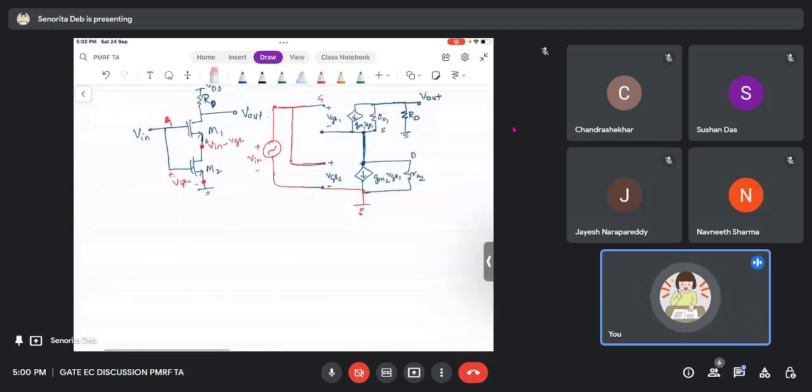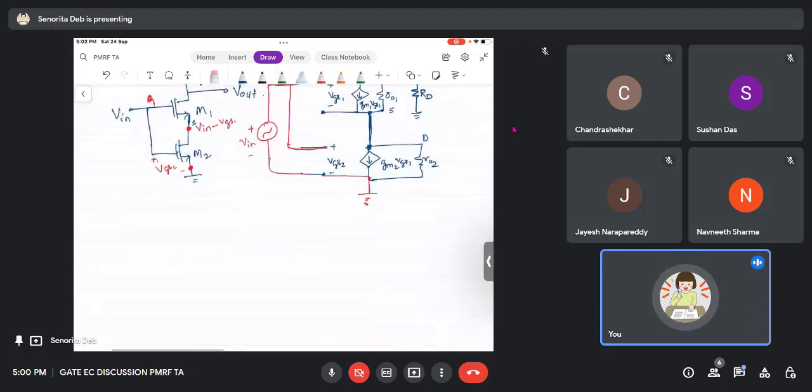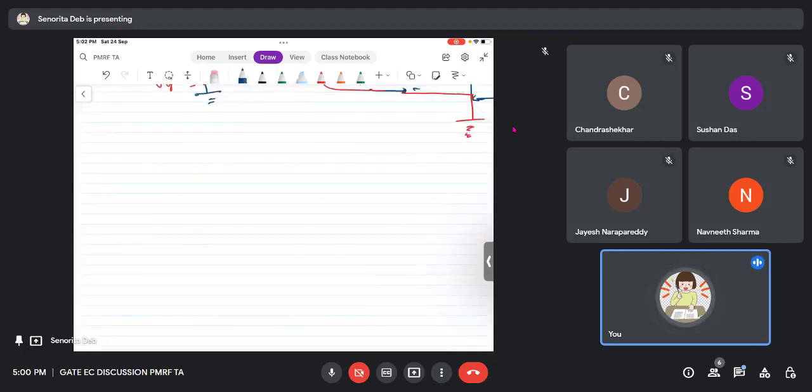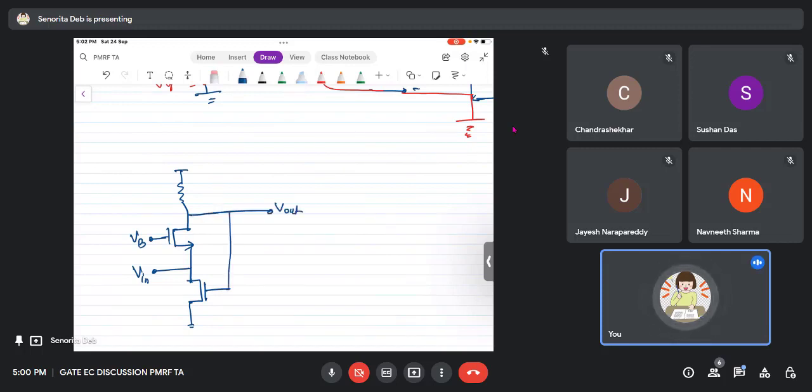Okay. And after that, you try to draw another small signal model. I'll give you time to note it down, don't worry. I'll give you one more circuit. Try to draw the small signal of this circuit, okay? After we do this kind of practice for small signals, we won't need to draw the small signal in the exam.